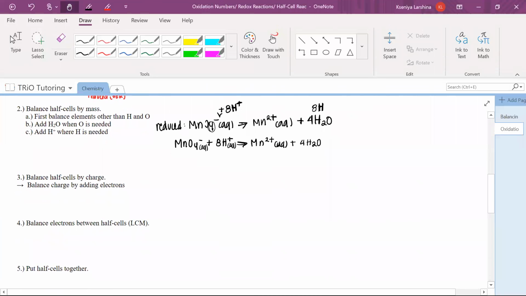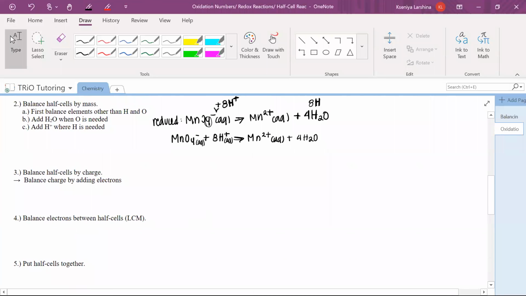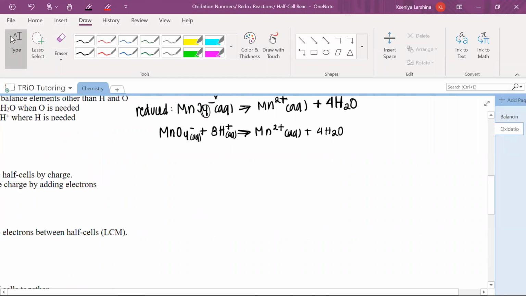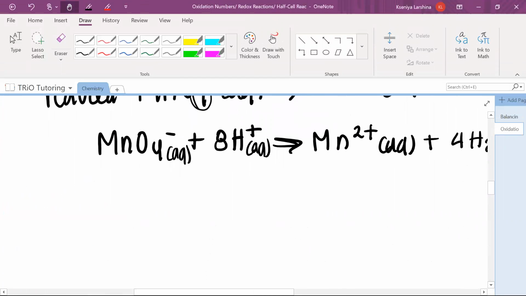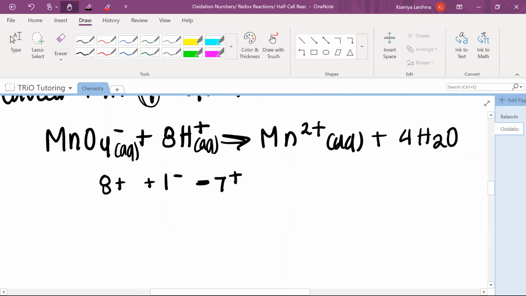So now we balance our half cells by charge by adding electrons. On this side, we have 8 hydrogen protons and 1 negative. So 8 plus, add 1 negative equals 7 plus.